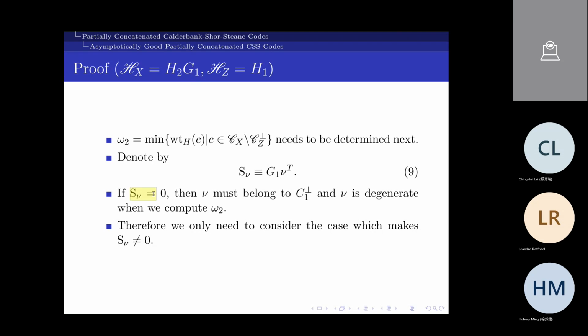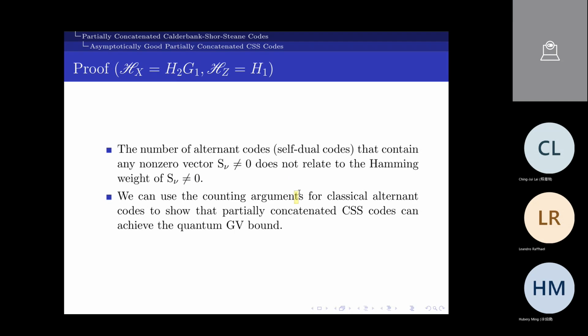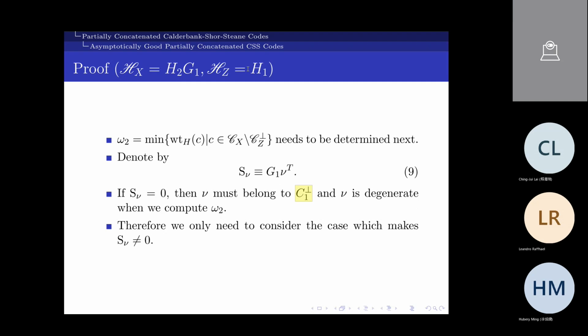If SV is equal to 0, then V must belong to the dual code of C1, and V is degenerate when we compute omega 2. Yes, because V belongs to the dual code of C1, and actually is equal to H1.